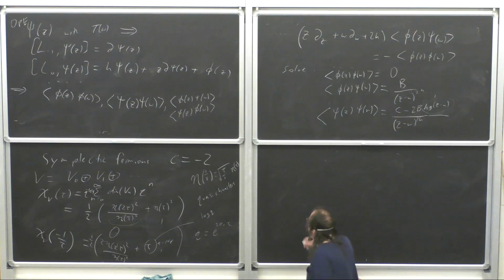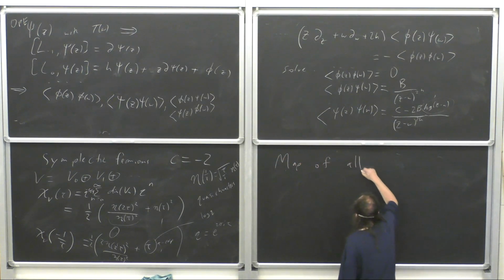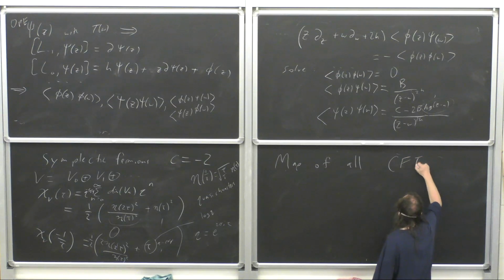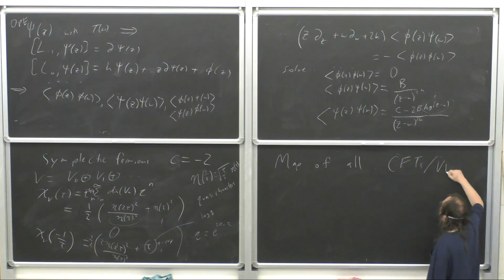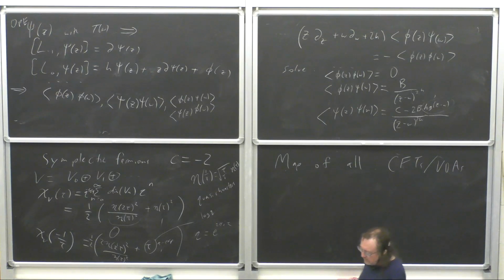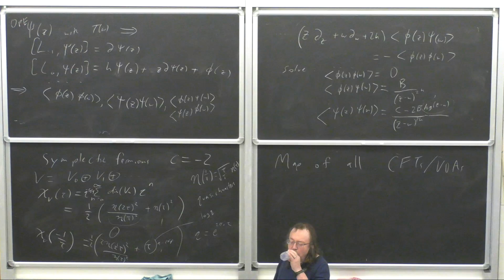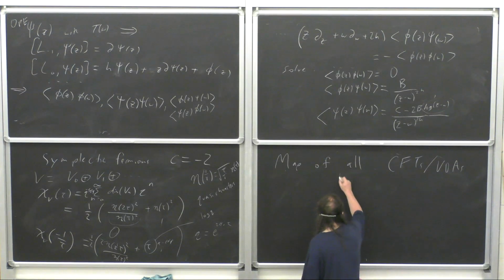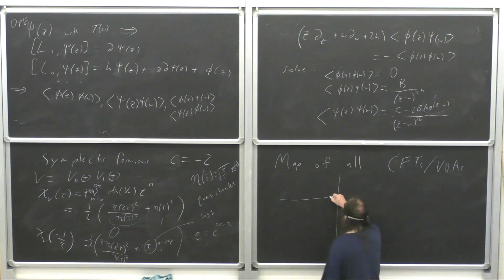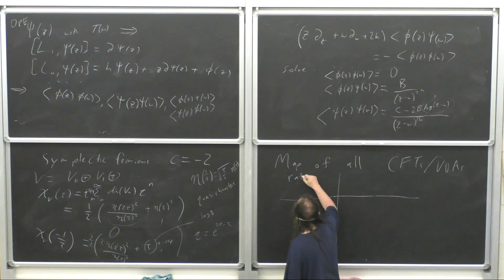Let's do a map of all possible CFTs. When I say the word CFTs, generally what I mean are VOAs. So I'm ignoring the jump from the chiral story to the full story. So one corner of the map, a very special corner, but a very small corner, are going to be the rational theories.